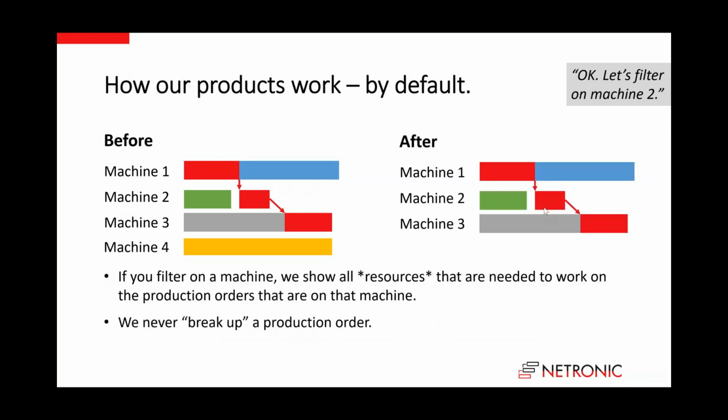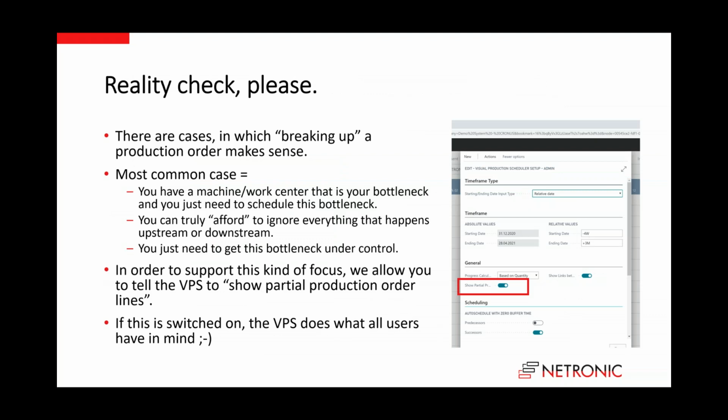This is done under settings, general, show partial production order lines. If this is switched on, then if you filter on a work center group or on a machine center, the VAPS actually does what users have in mind. And this is something that you can control.